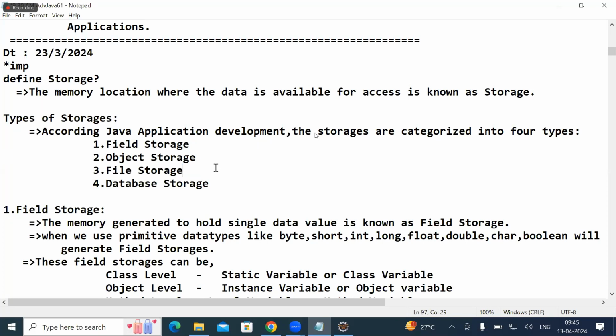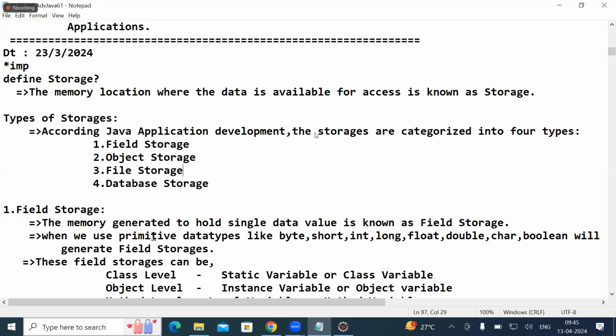File storage means one small memory part of your computer system, which is controlled and managed by the operating system. We call it a file storage. File storage cannot be the major backend storage for your applications. Your applications cannot take file storage as a backend storage.